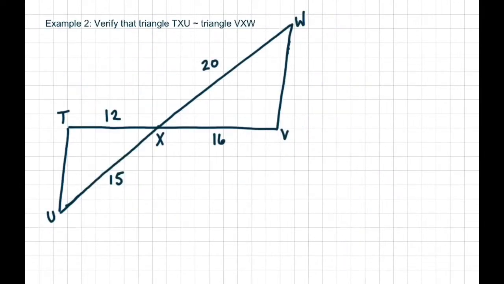Let's try our next one. Okay, example 2 says verify that triangle TXU is similar to triangle VXW. Again, I can see that the triangles aren't facing the same direction, but I can tell what sides are corresponding.